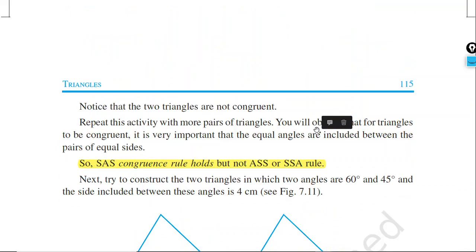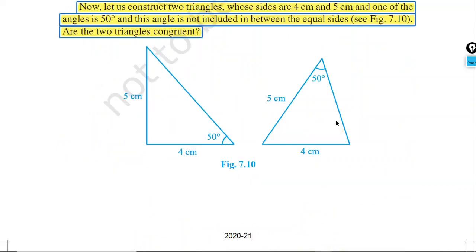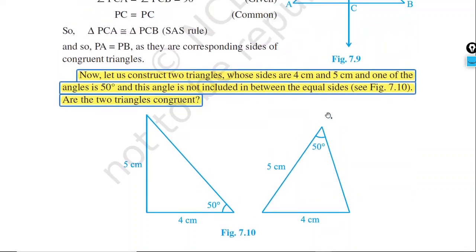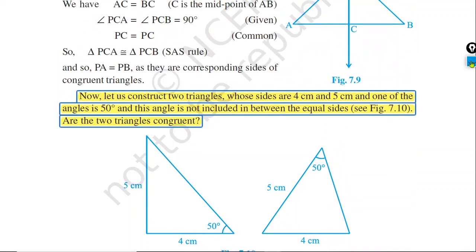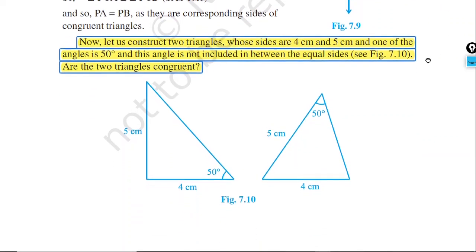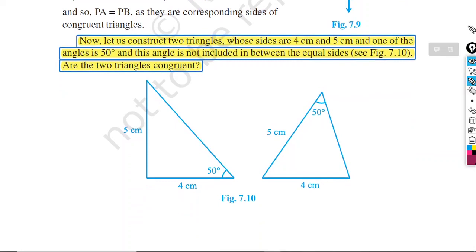Now we will move to another type of congruency rules. Here let us consider two triangles.